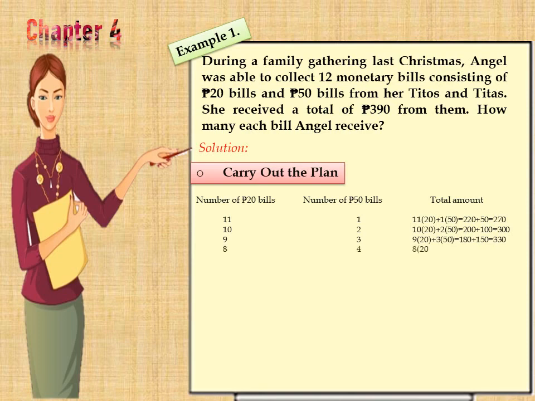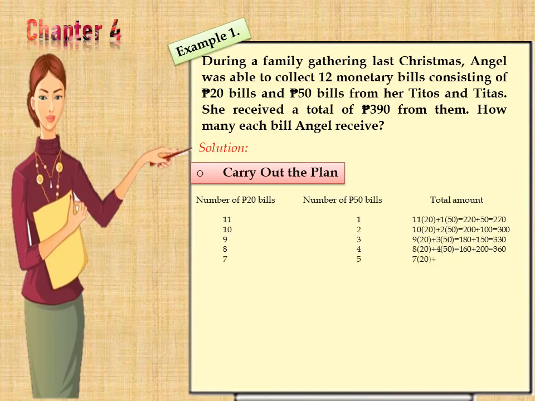Next is 8 20 peso bills and 4 50 peso bills. So we'll have 8 times 20 plus 4 times 50. This will give us 360. Okay? So again, it still does not equal 390. So we will find another distribution.